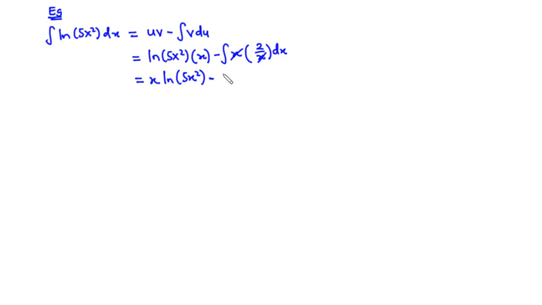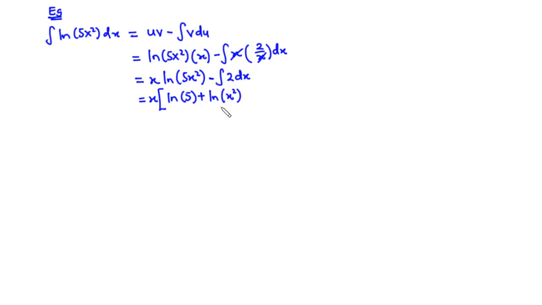So we are left with the integral of 2 dx. Now don't forget that ln is a natural log, and so we can expand this as ln of 5 plus ln of x squared.